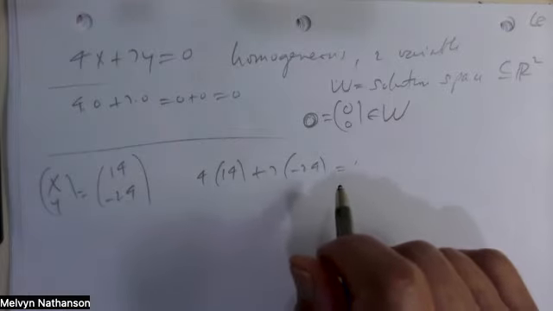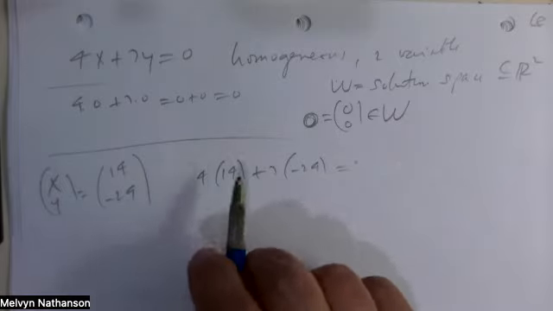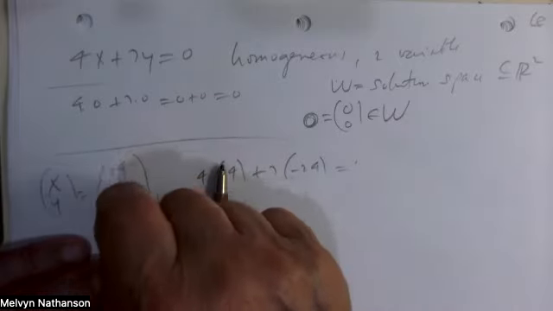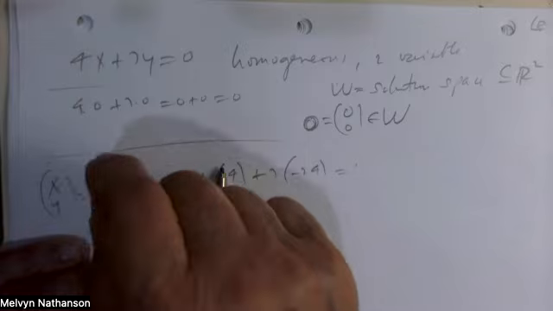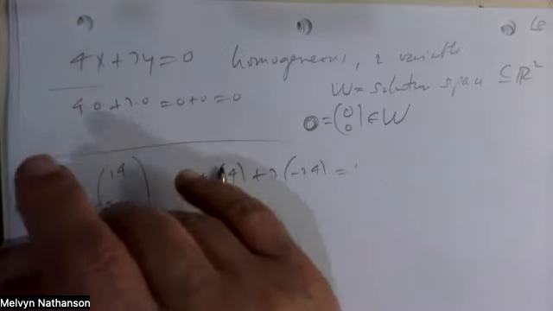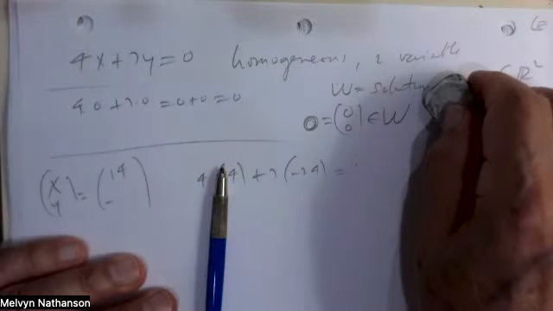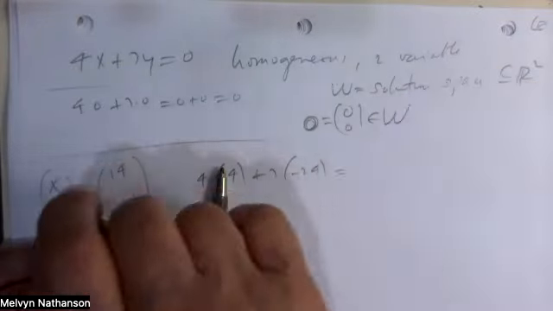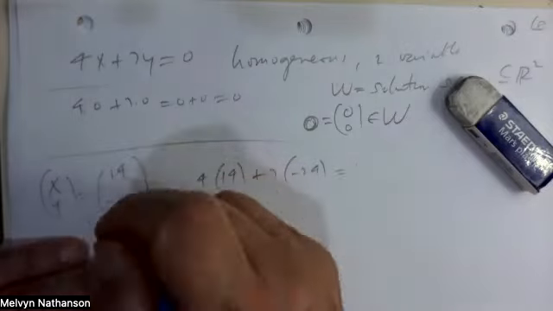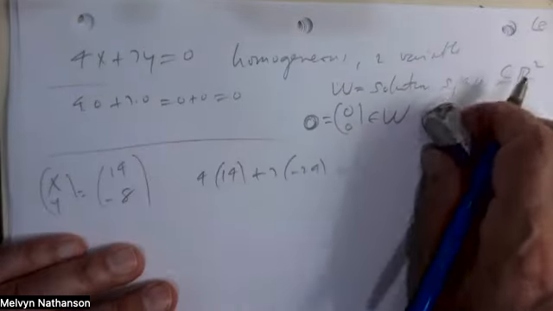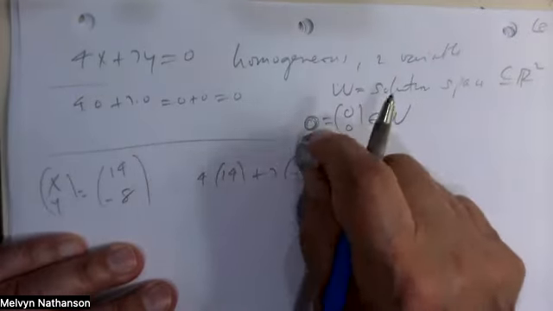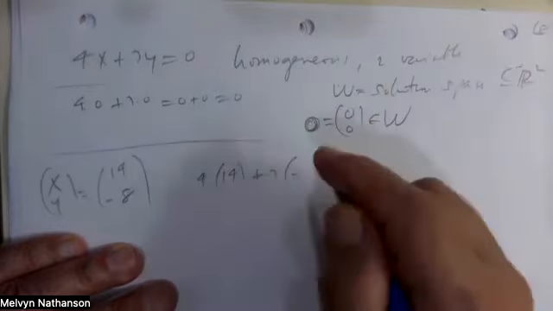Let me do my arithmetic better. So 4 times 14 plus 7 times minus 8.